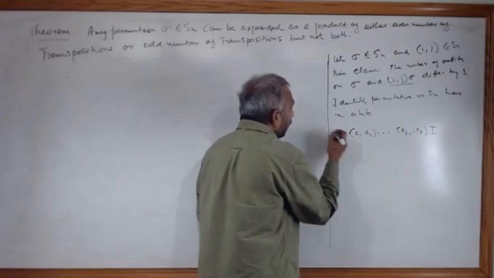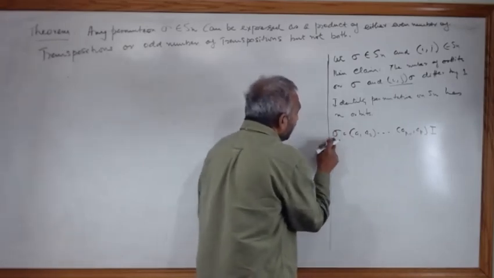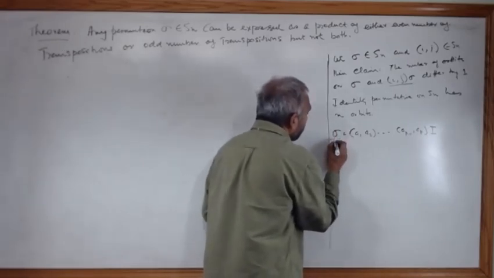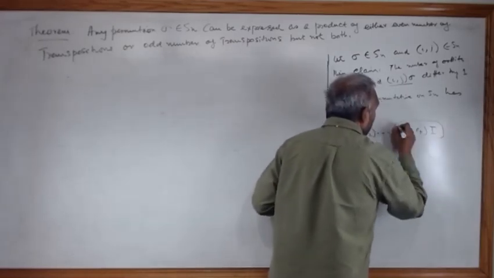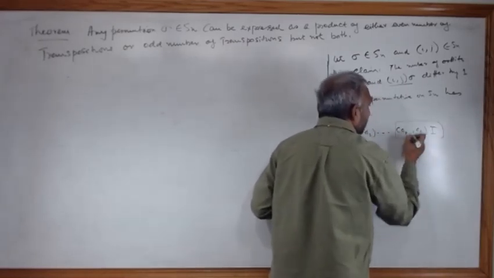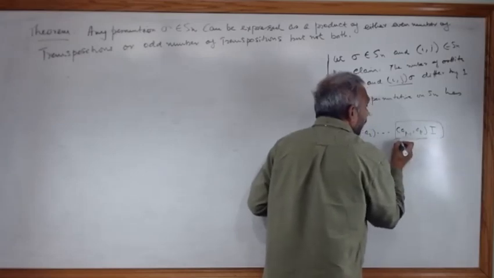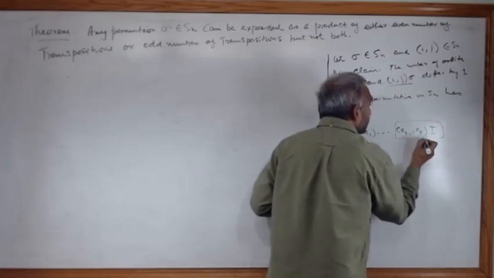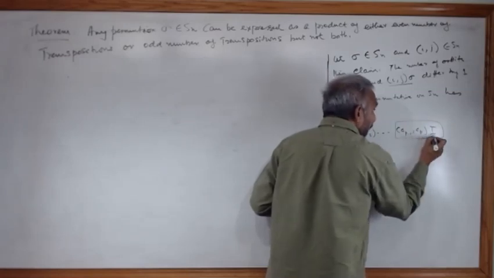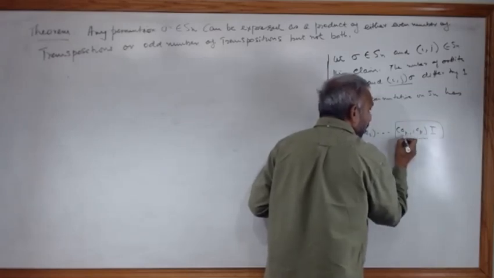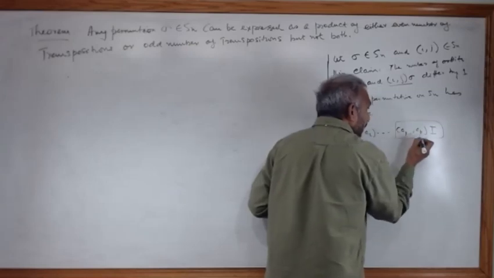So the difference of orbits between I and this is actually 1.